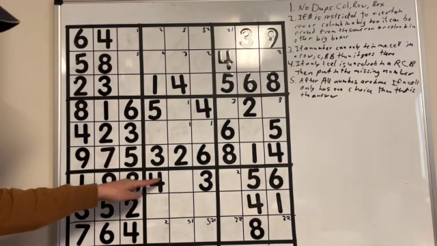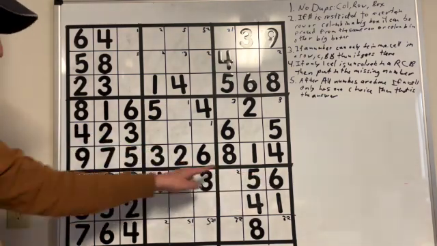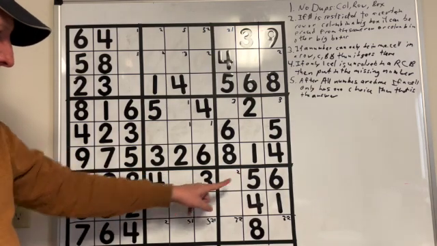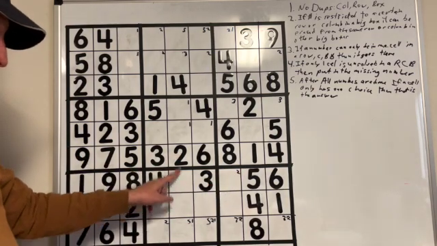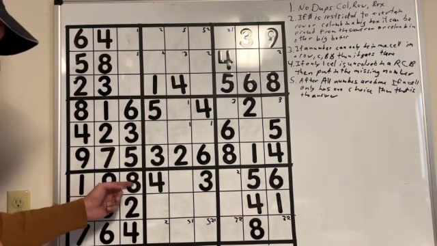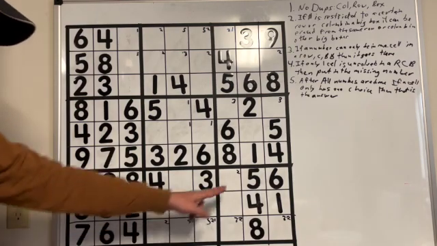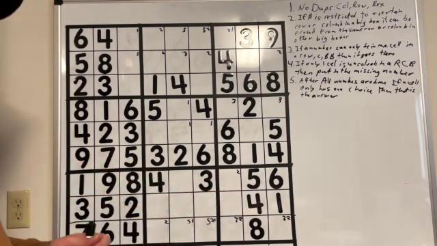The only place a 2 can be in this entire row is right here. It can't be here because there's a 2 right there blocking it. And it can't be any of these because they're already solved.